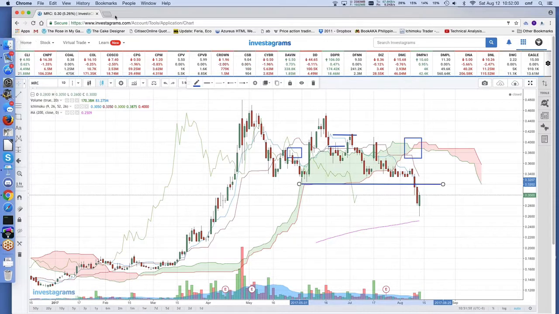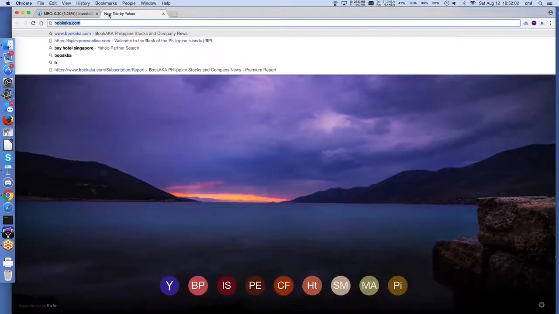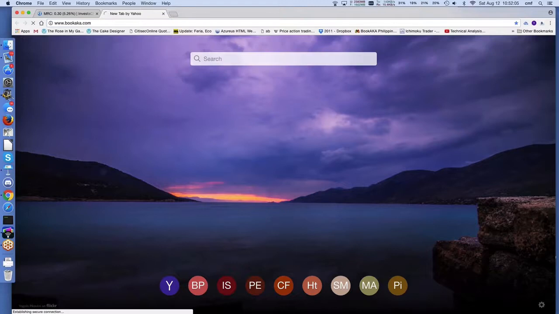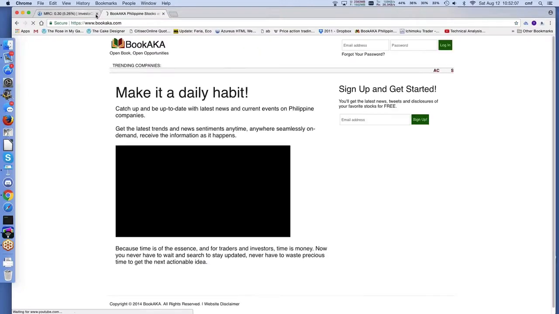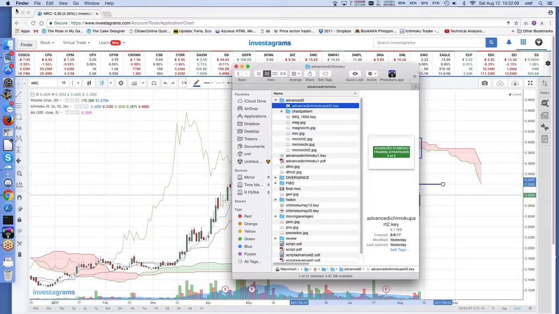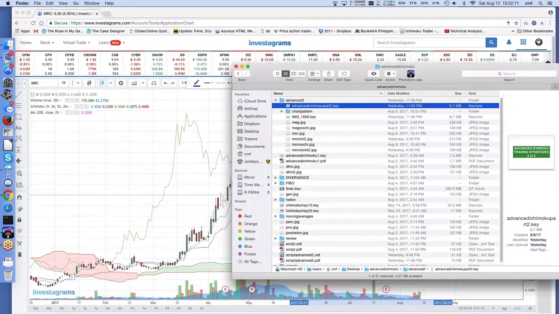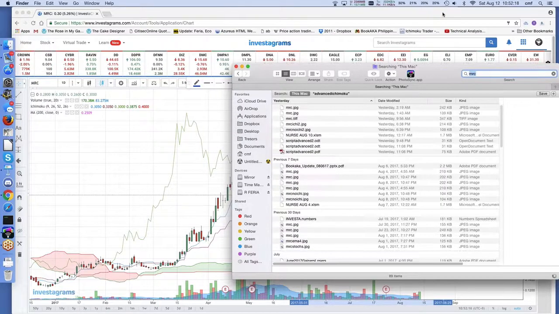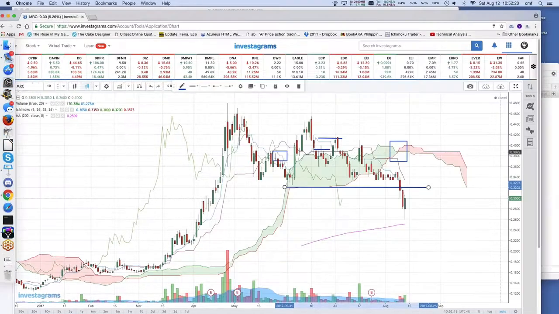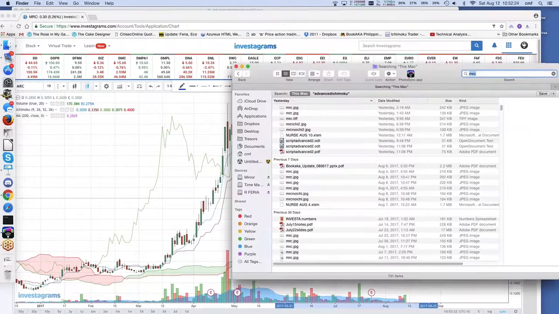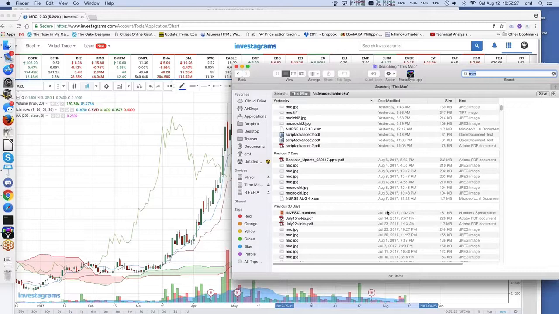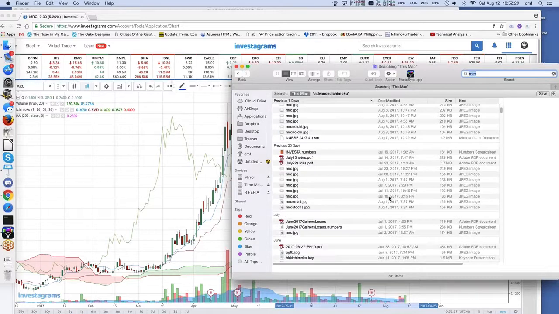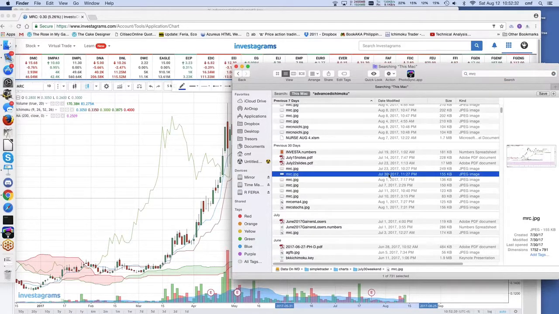I'd like to pull up that chart from Bukaka just to show you what I mean, because I would like to compare this with the Alco chart. I think this was the chart.